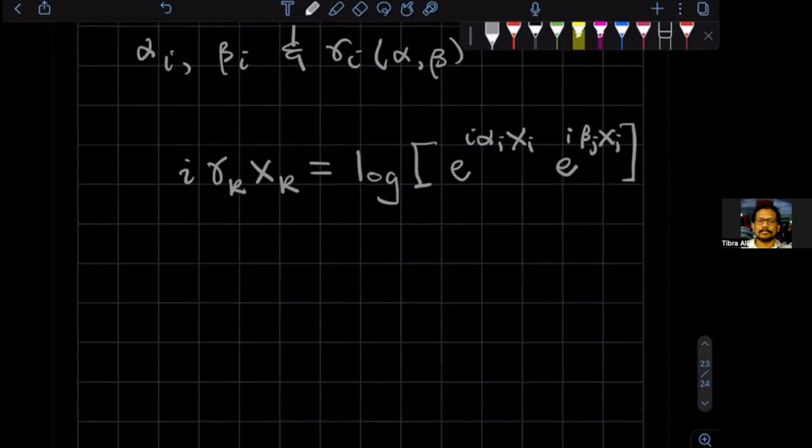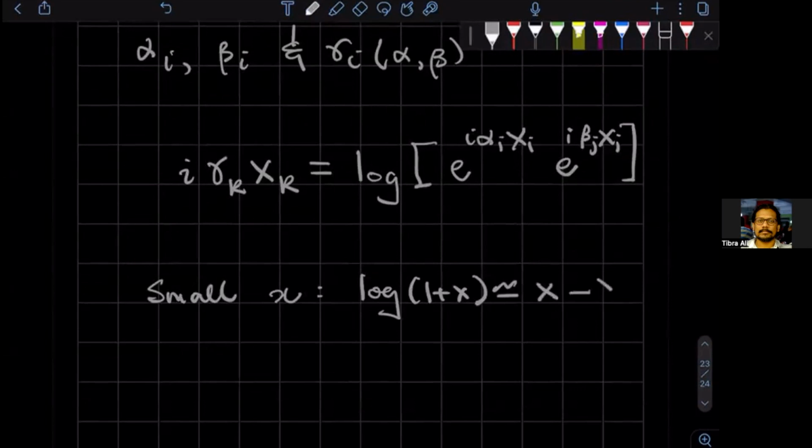Now, for small x, we know that log of 1 plus x can be expanded to x minus x squared by 2, and then higher order.